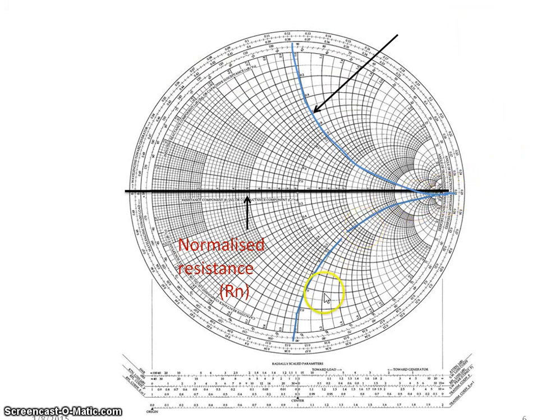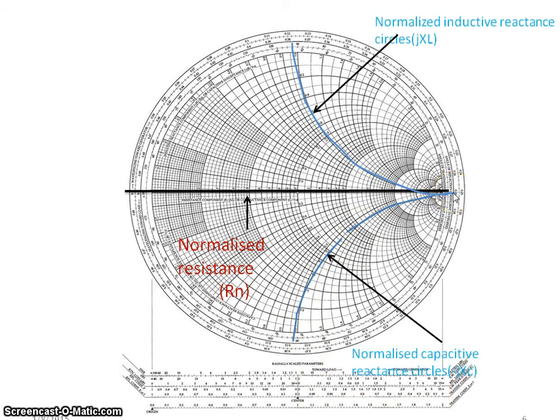Similarly, here a circle can be completed like this. These circles are called constant normalized reactance circles. The circles on the upper half of the Smith chart are inductive reactance circles, and on the lower half are the capacitive circles.